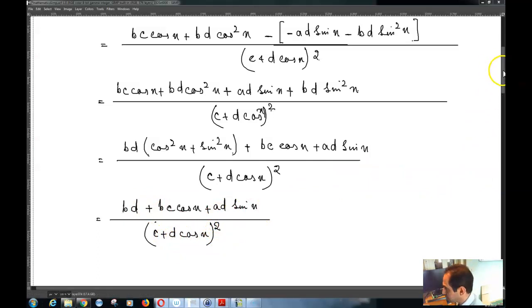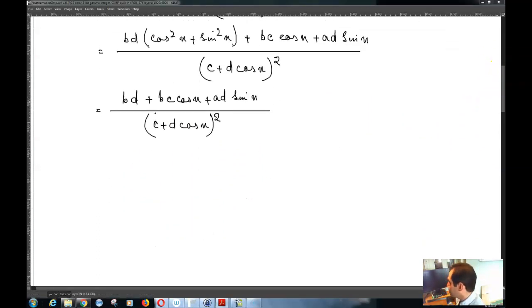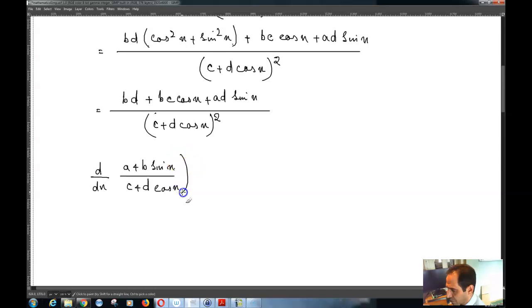So that means that basically if you have d by dx of a plus b times sin x over c plus d times cos x, which could happen not that often but probably so, and you want to differentiate this, you will get basically this expression over here, bd plus bc cos x plus ad sin x over c plus d times cos x whole squared.